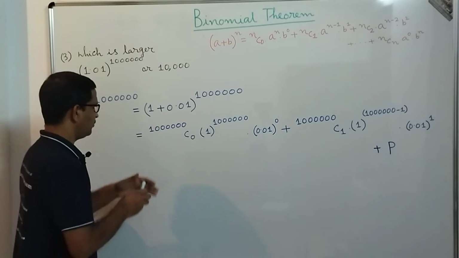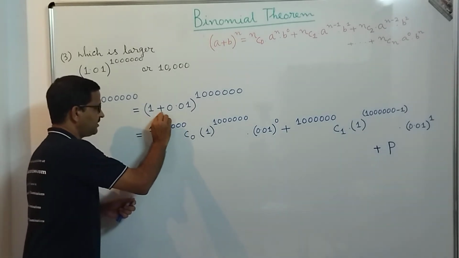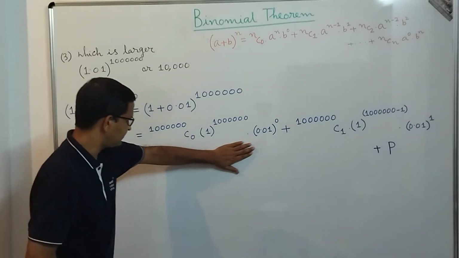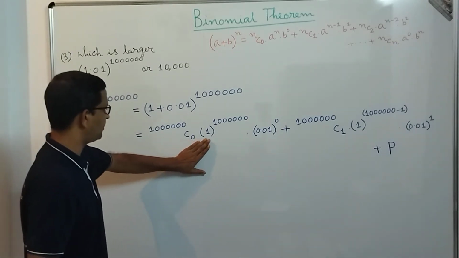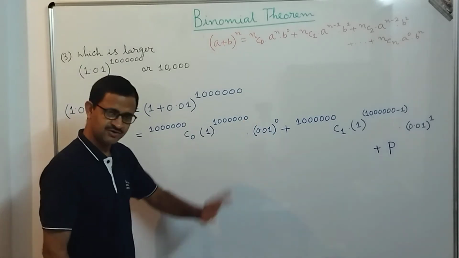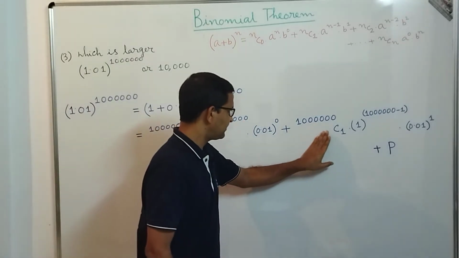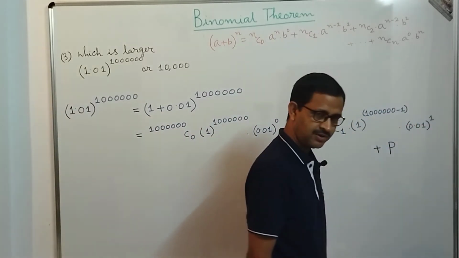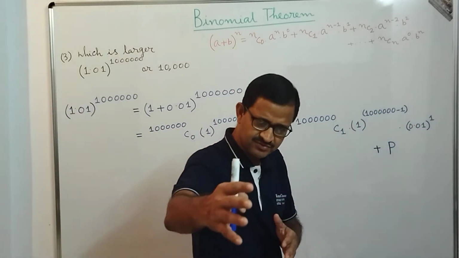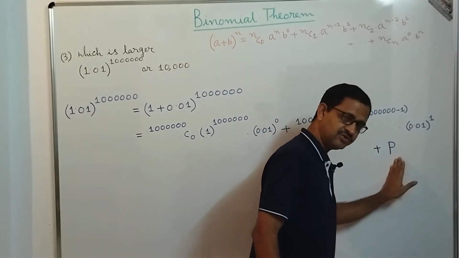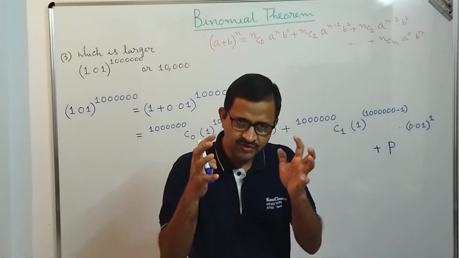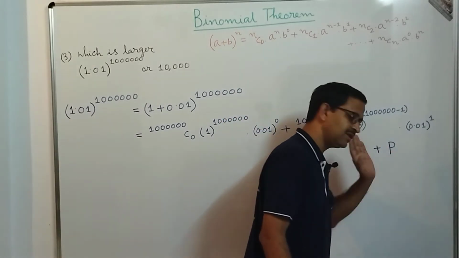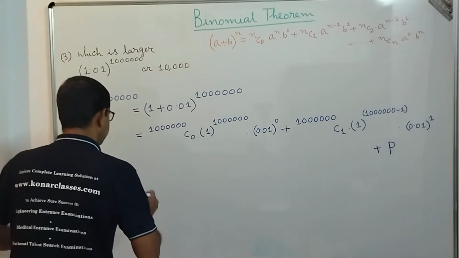Once we start expanding that 1 plus 0.01 power 10 lakh, first we make the first term, that is 10 lakh C0 into 1 power 10 lakh into 0.01 power 0, plus 10 lakh C1 into 1 power 10 lakh minus 1 into 0.01 power 1, plus other terms, but all those terms will be positive. Now those terms, if we add up, whatever we get, the positive term, we define this positive term as P. So this implies what, dear students?